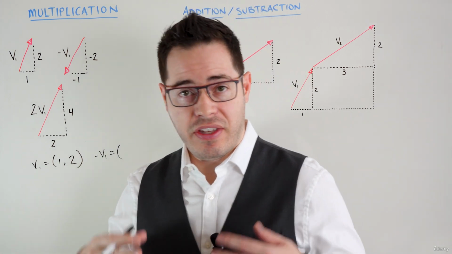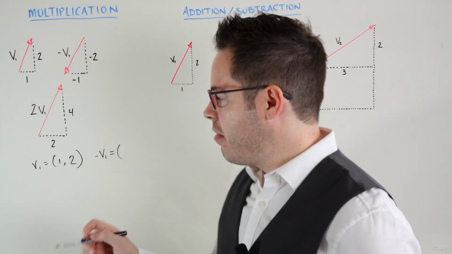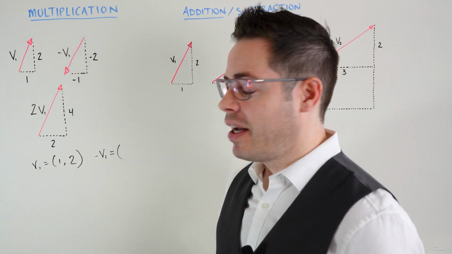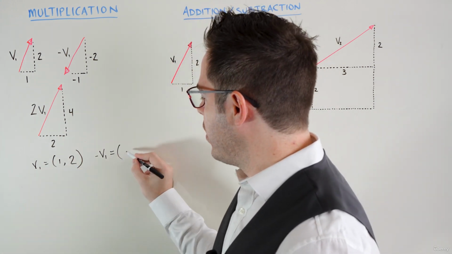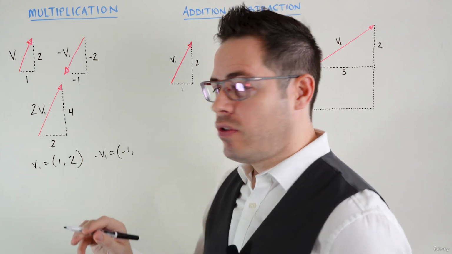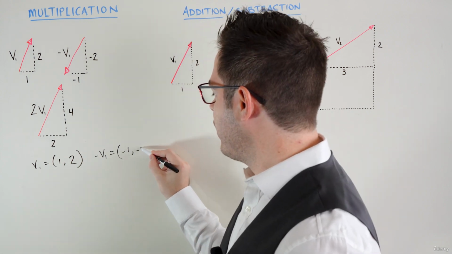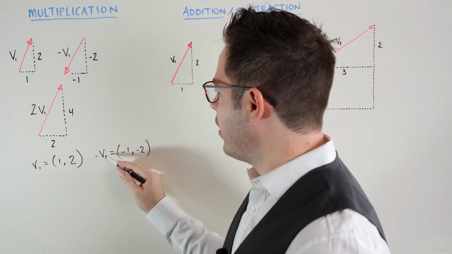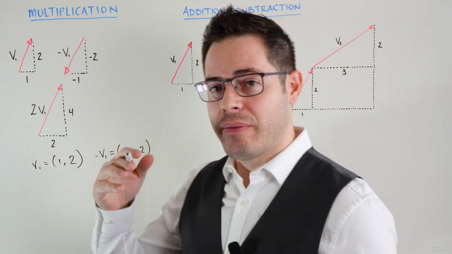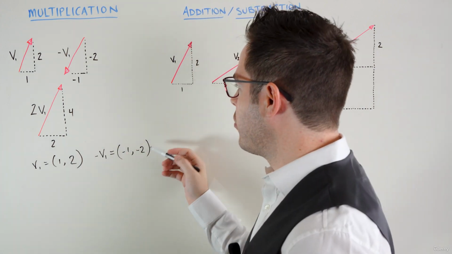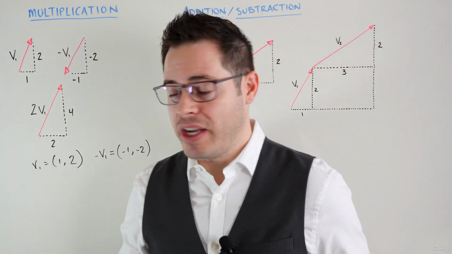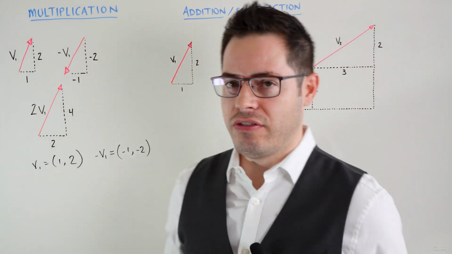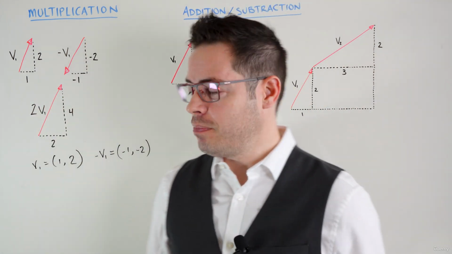All we have to do is take the scalar, -1, and multiply the x and y components each by -1. -1 times 1 is -1, and -1 times 2 is -2. So -v1 is simply -1 times x and -1 times y, the vector in the exact opposite direction of v1 with the same magnitude.